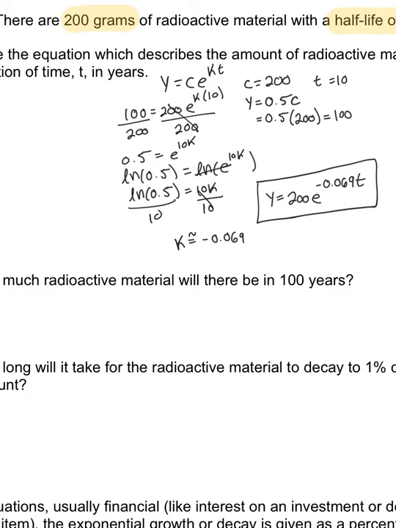Well, that's just telling me that my time is equal to 100. So I'm just going to take my equation, and instead of putting a t, I'm going to replace that t with 100. And if you put that in your calculator, it's going to give you 0.195, and my units here are grams.